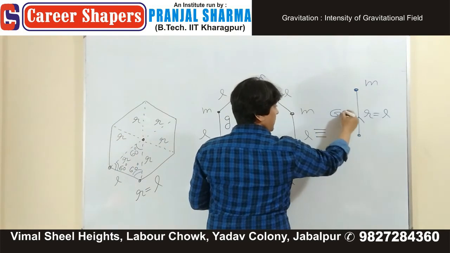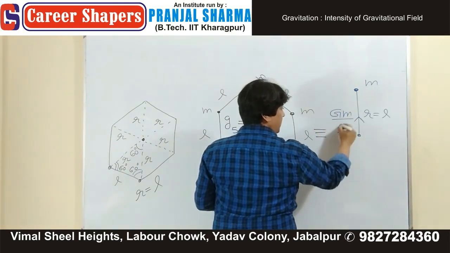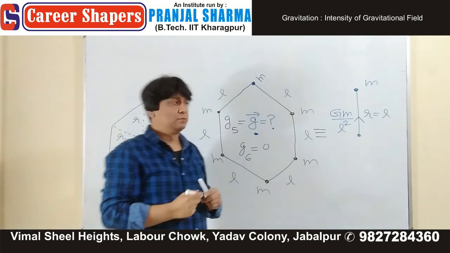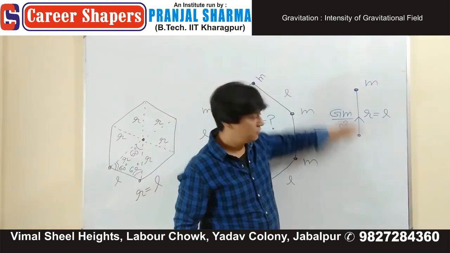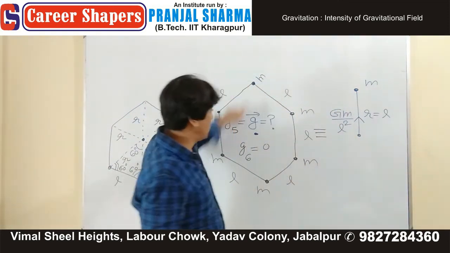GM divided by L square. This is R which is L. ये ब्लू यहां पर इतना देता.